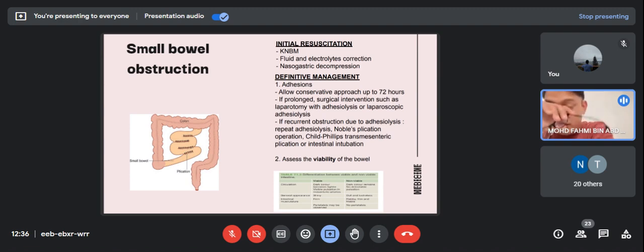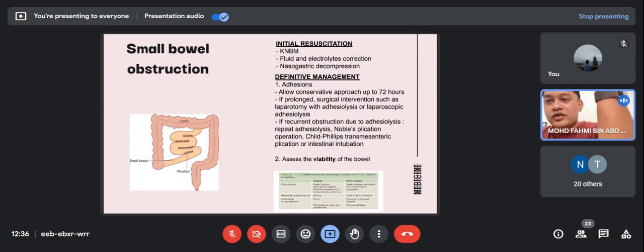Best is you have to exclude whether there is ischemia, whether features of ischemia are present or not. Usually that's why in UIA the practice is we get a CT scan to see what it is that we are dealing with. You may be thinking okay most likely it's adhesions, but if you are thinking of something else you have to entertain it. So CT imaging can give you more picture or more information.